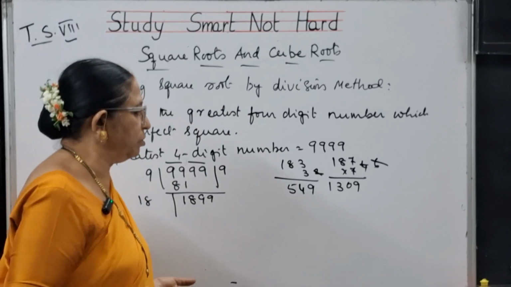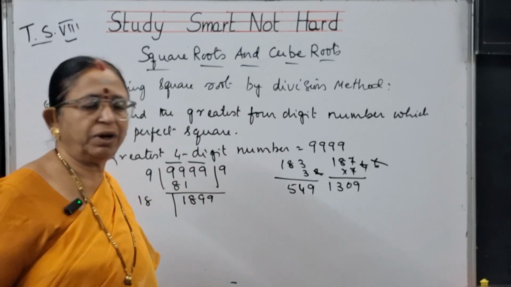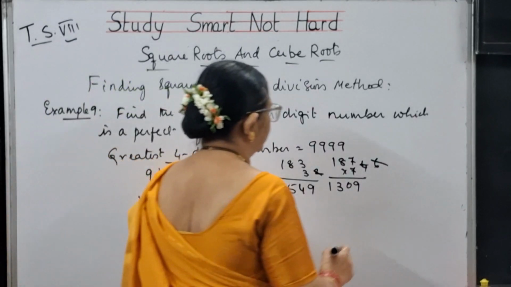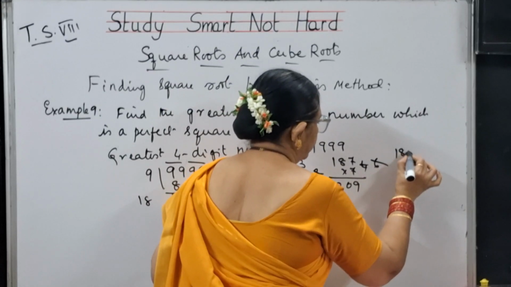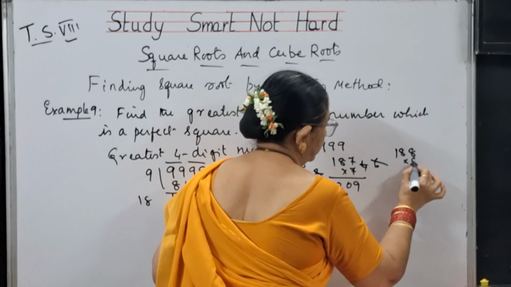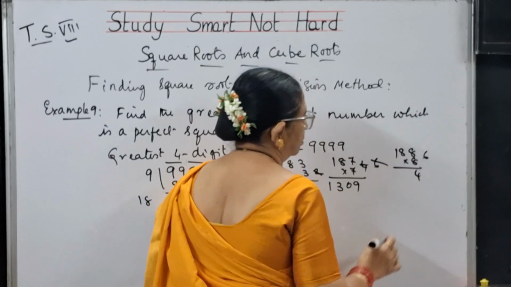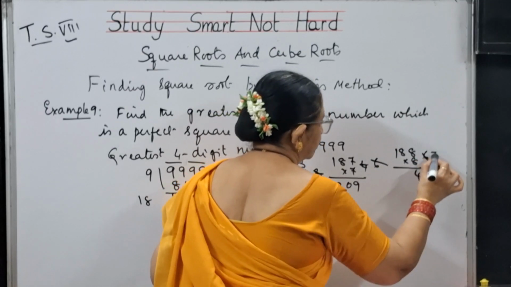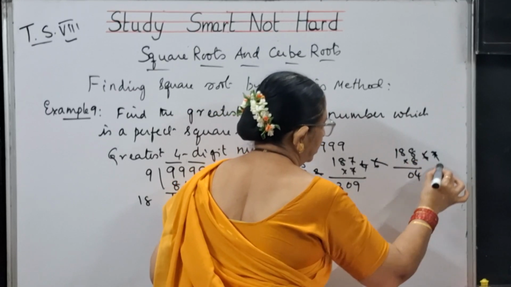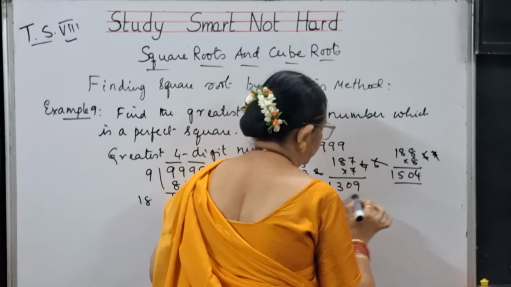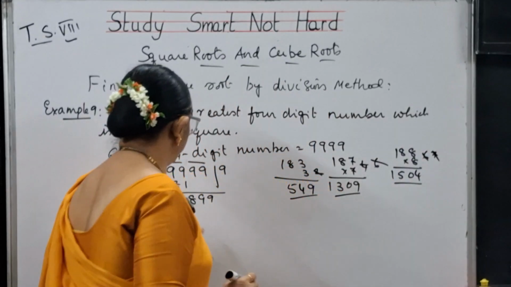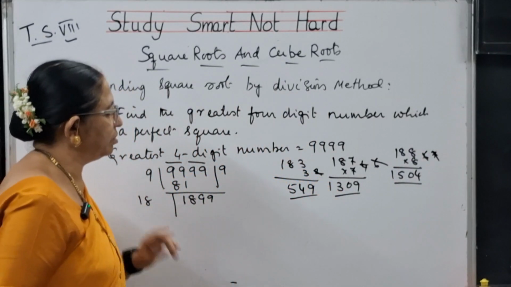When we are going to the other numbers, one by one we have to search. Now 7 is also very less. So 188, 8 into 8, 8 8s are 64, 6 70, 8 1s are 8, 15. So you see children, even 1504 also is less.